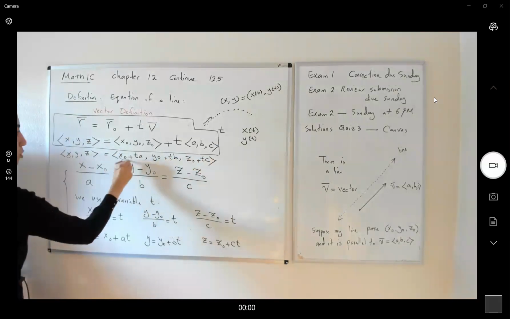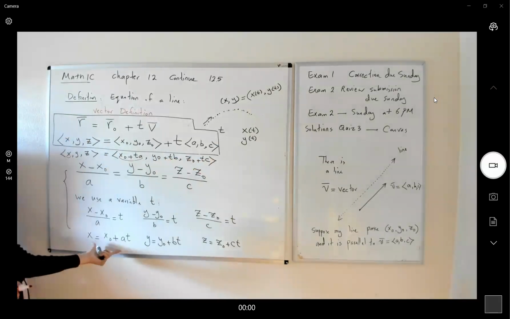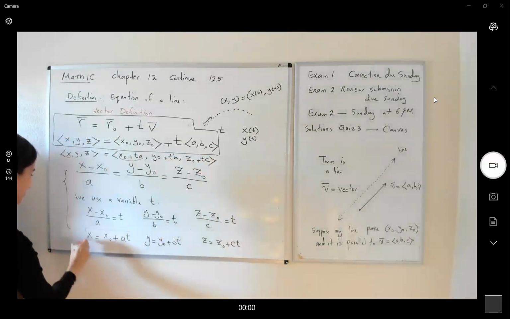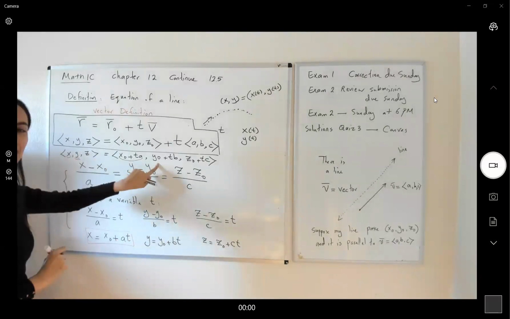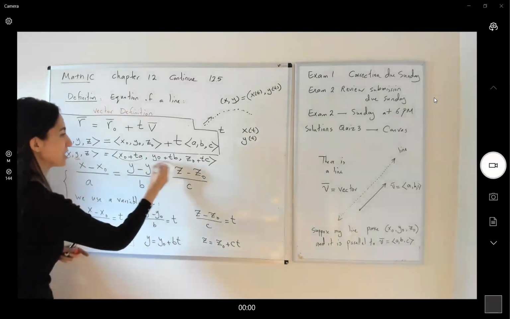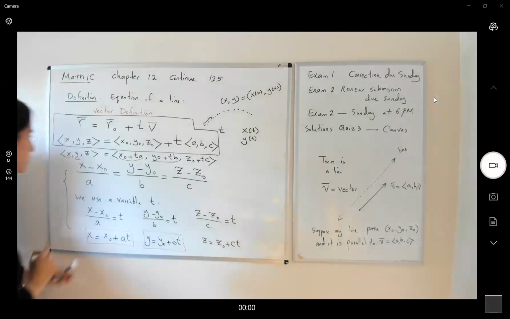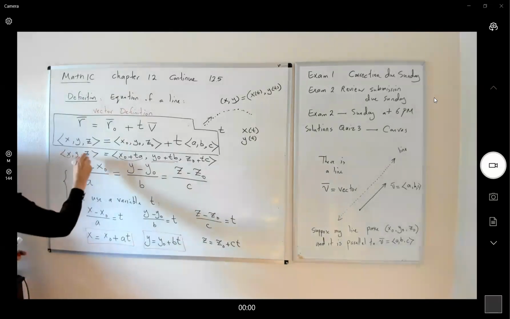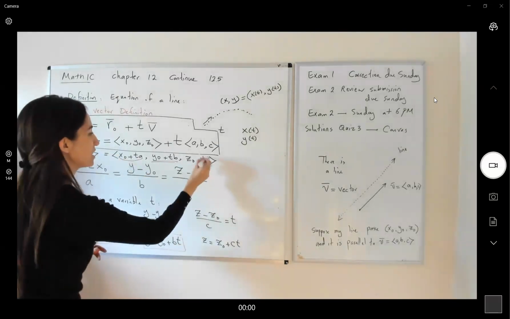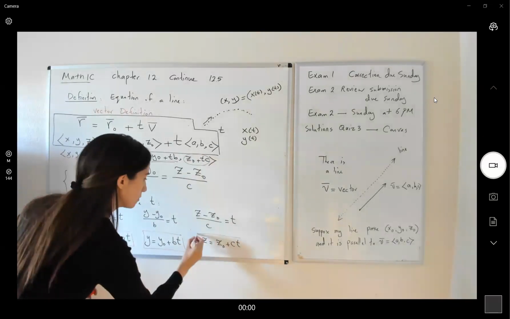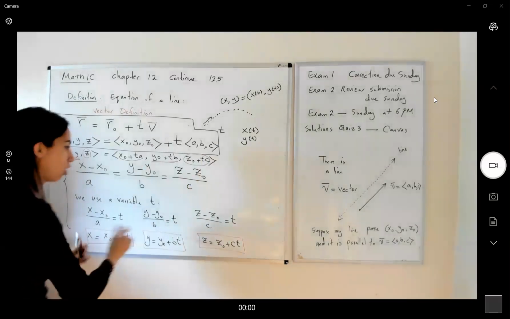X is equal to X sub 0 plus T times A. Y is equal to Y sub 0 plus T times B. And finally Z, which is equal to Z sub 0 plus T times C. This is called the parametric equation of a line.